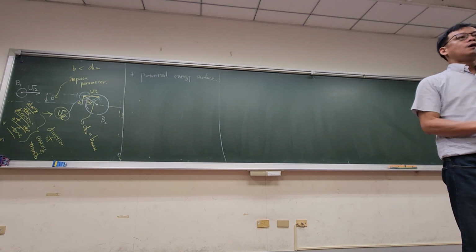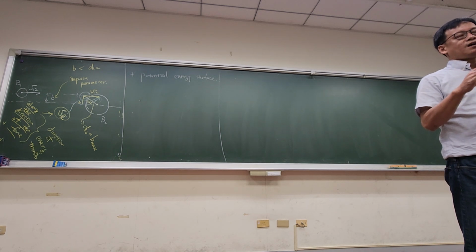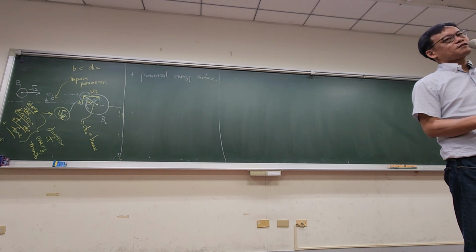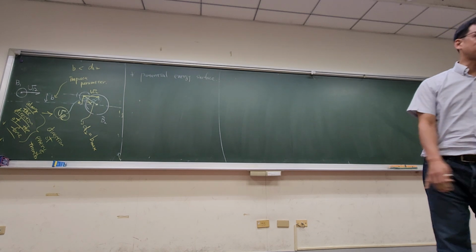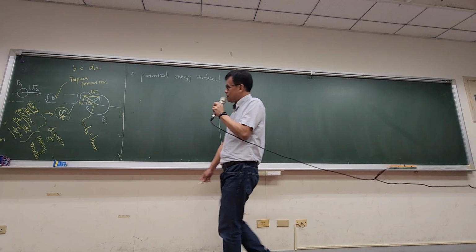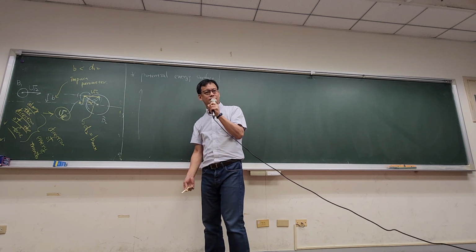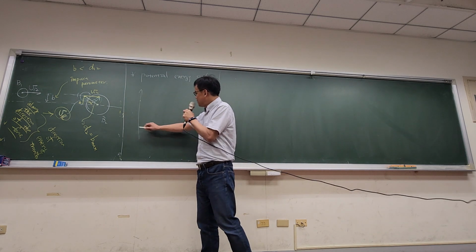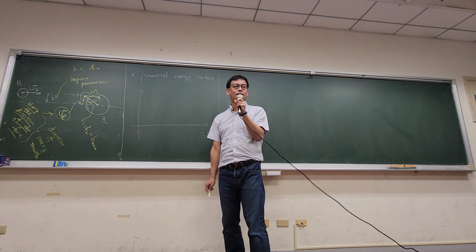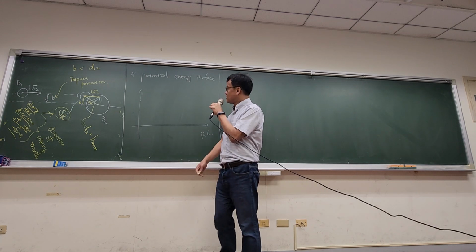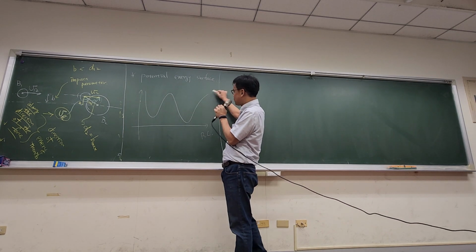So in chemistry, we are very accustomed, we think about potential surfaces every day, basically. Whenever you have a chemical reaction, you will plot some reaction energy of the system, and then we have some reaction coordinate. And along this reaction coordinate, we have some reactant and some product.